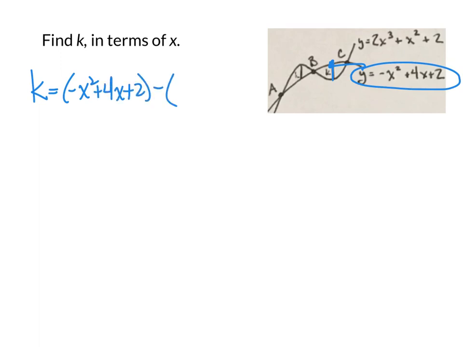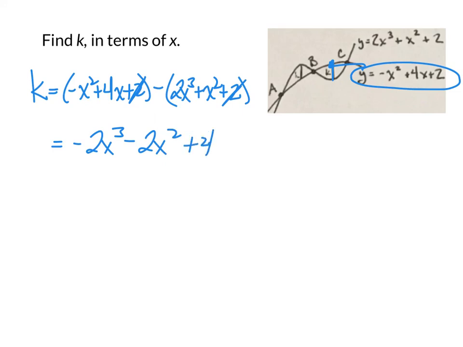Then we'll subtract the smaller one, the 2x cubed plus x squared plus 2. Same thing's going to happen with those 2's, but when we simplify, we'll end up with negative 2x cubed minus 2x squared plus 4x. So really, it looks very much the same as the last one, just complete opposite because we switched the order of subtraction. Well, that's how you find the distance between two curves.